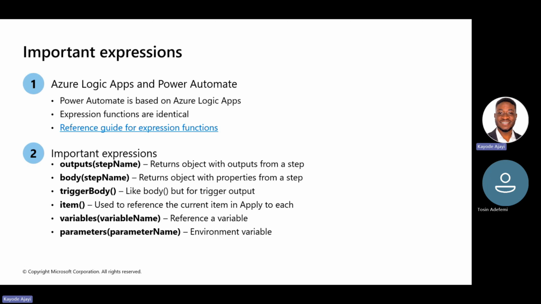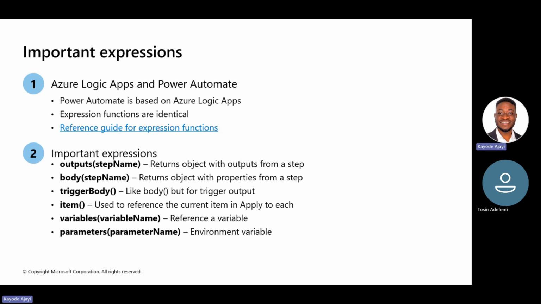So say something was triggered from SharePoint, now you can get some properties like who triggered it, when the record was triggered, the title, the things you have on the SharePoint list come up within the trigger body. We have items, so when you're in an apply to each loop, the item property can be selected to know what the current item is, when something is looping through a list of items, right?